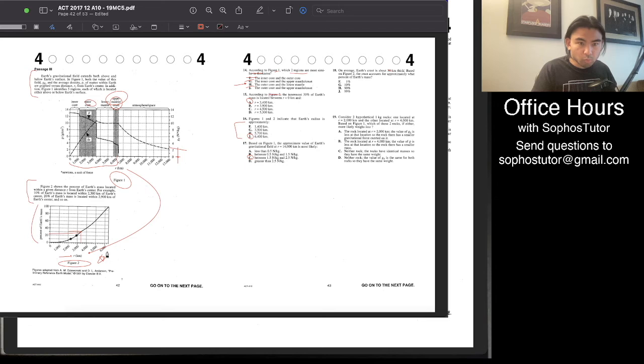30 kilometers would consist of this edge right here, but it wouldn't be very much because you see that the axes are in the thousands. So we wouldn't expect very much space for the crust. So we'd expect kind of like this tiny little piece up here. Not very big. Almost 0. Are there any answers that are close to 0?